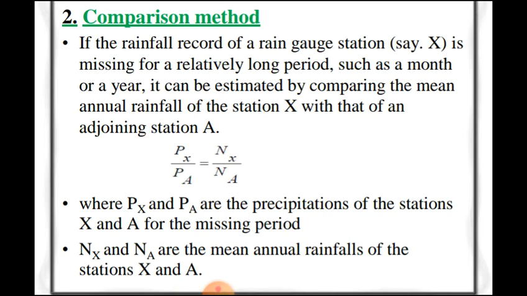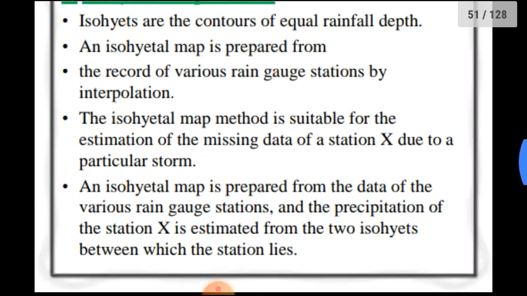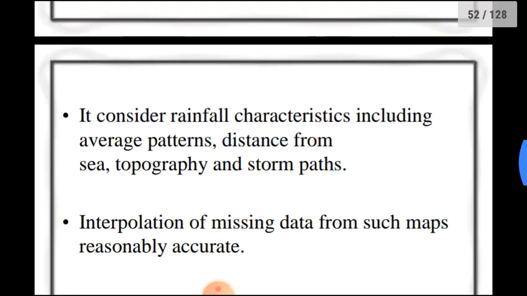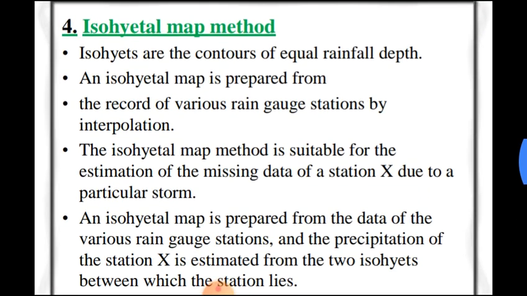Therefore, we have another method, the isohyetal map method, which accounts for topographic variation. We can take individual precipitation values and draw isohyets. Isohyets are nothing but lines of equal precipitation.